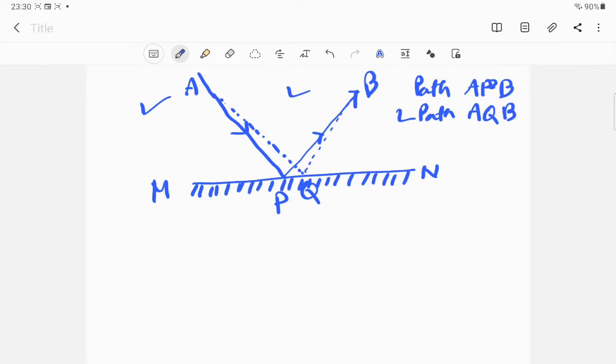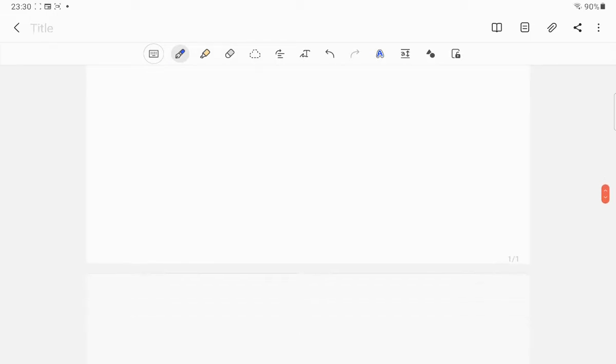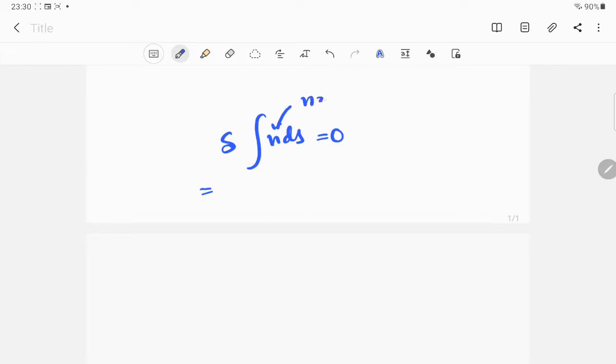If you remember, the condition for Fermat's principle is this, let me write it: delta integral n ds is equal to 0. Since here the medium is homogeneous, the refractive index is constant, n equal to constant, so n will come out of the integration. The integral of ds is nothing but the total distance, so we need to minimize the total distance.